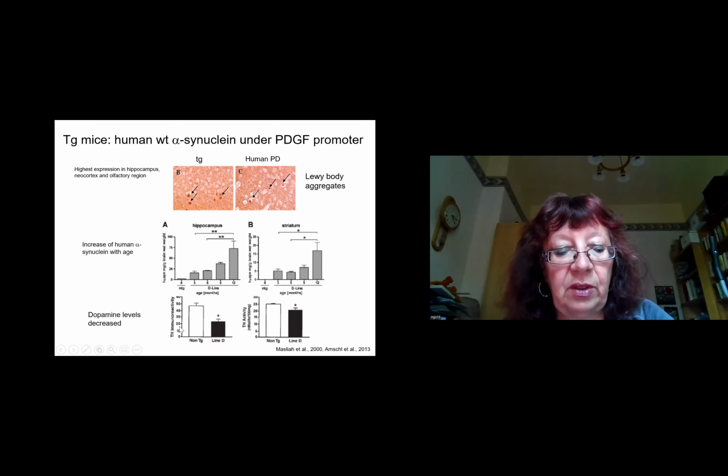And just to make sure that we really see the same phenotype as in human Parkinson's disease, these transgenic mice have lower dopamine levels and also lower tyrosine hydroxylase activity, which is an enzyme involved in dopamine metabolism. So now we have this model.